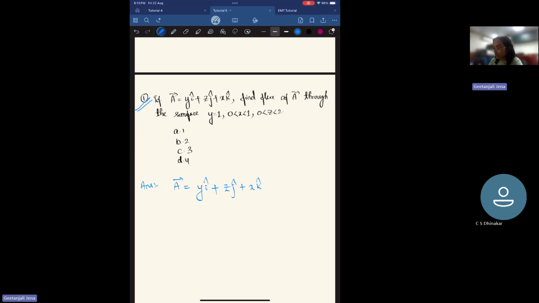The problem is to find the flux through a surface which has y equal to 1, x between 0 to 1, and z between 0 to 2. There are four options. First option is 1, second is 2, third option is 3, and the last option is 4.